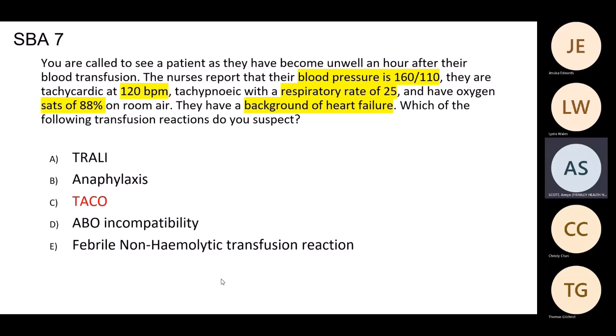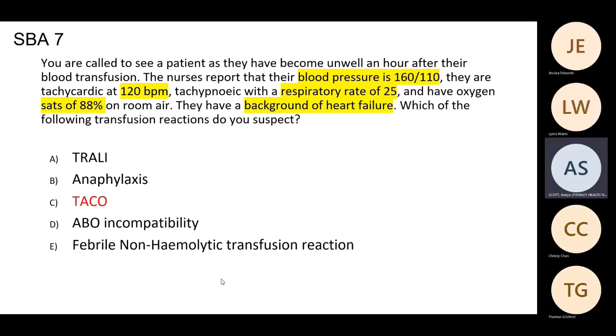So they get pulmonary edema, which means they're breathing quickly, and their sats are possibly going to drop. A clue in this one is that they have a background of heart failure. Usually patients who have a TACO type reaction will have a background of some kind of heart problem, usually left-sided heart failure, something that's going to make them more prone to overload.